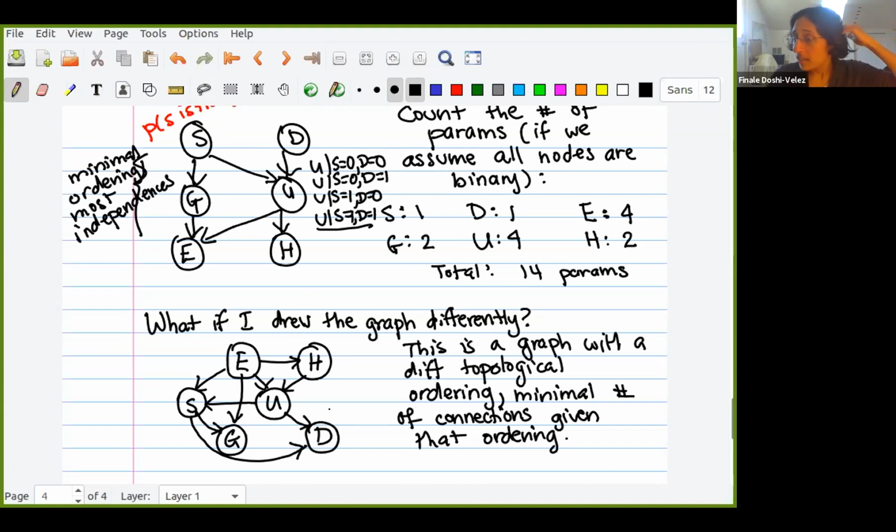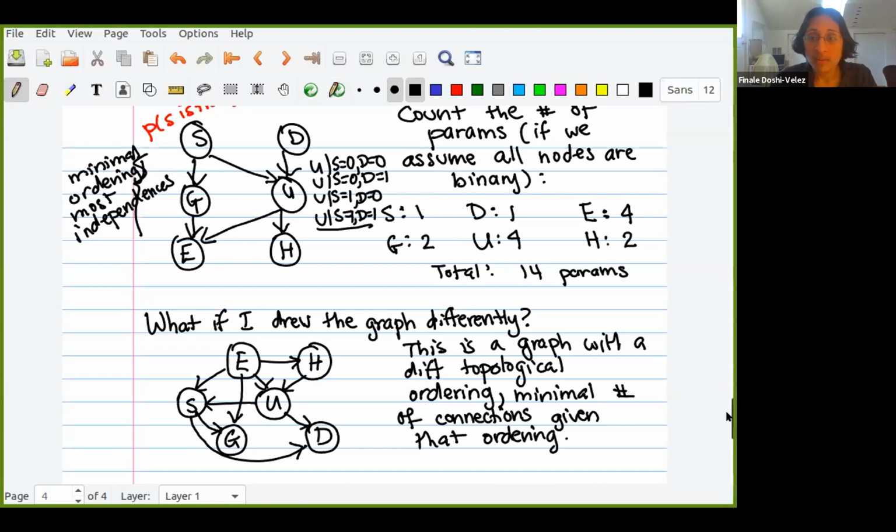Well, I get something that is a lot messier over here because as I was talking through each of these pieces, for example, when I got to U and I had E and H available, then U needs to have both E and H as parents. Where I got to G, then G needed to have S and E as parents. So there's a lot more nodes here that have more parents compared to the case before.